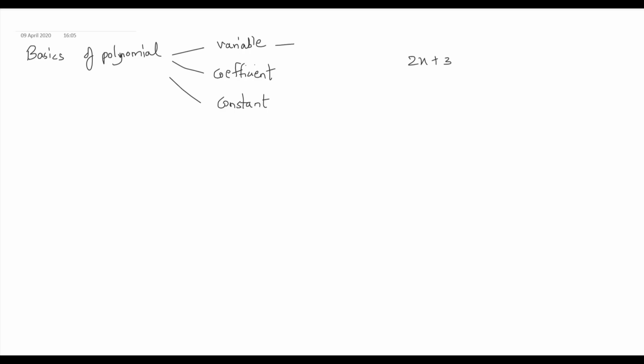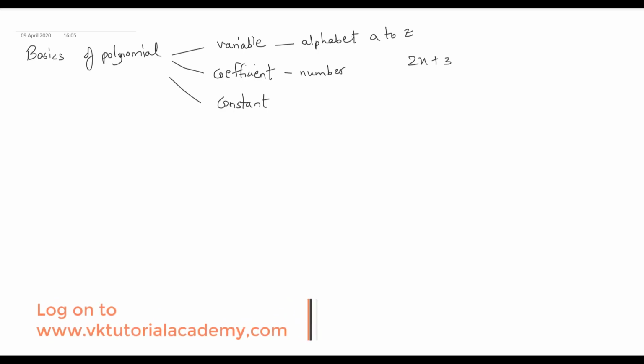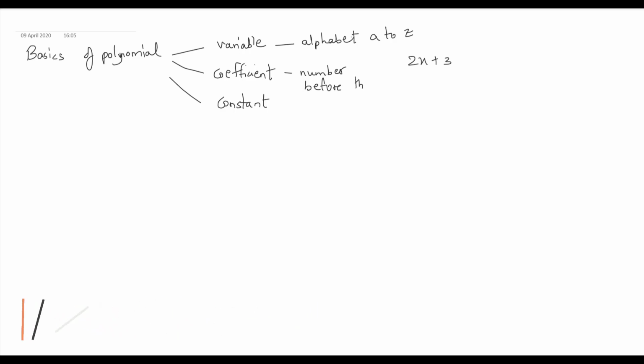The variable is one which is an alphabet, can be from A to Z, whereas coefficient is a number that is before the variable. And coming to constant, it's only a number.